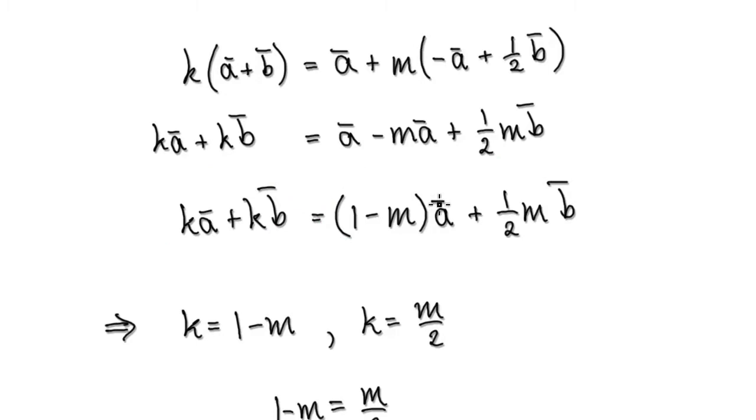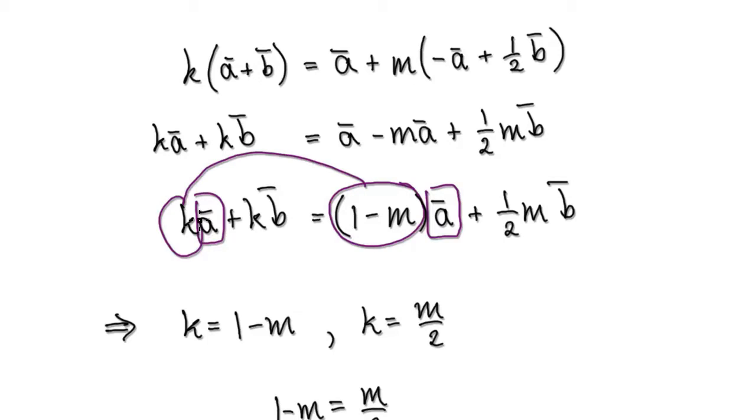Well, if you look at the vector a, the component of vector a, so look at this. If you want the two to be the same, then you've got to demand that this is the same as this. So looking at the two components of a, demand that these two to be the same as each other. So that's these two here.